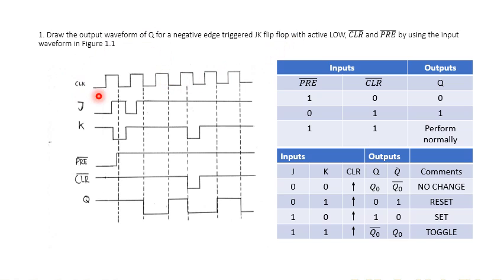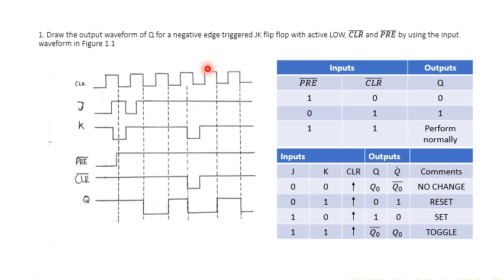Based on figure 1.1, the negative edge is on the back side of the CLK waveform. So we will look at the back of the CLK waveform. Here will be CLK1, CLK2, CLK3, CLK4, CLK5, and CLK6.